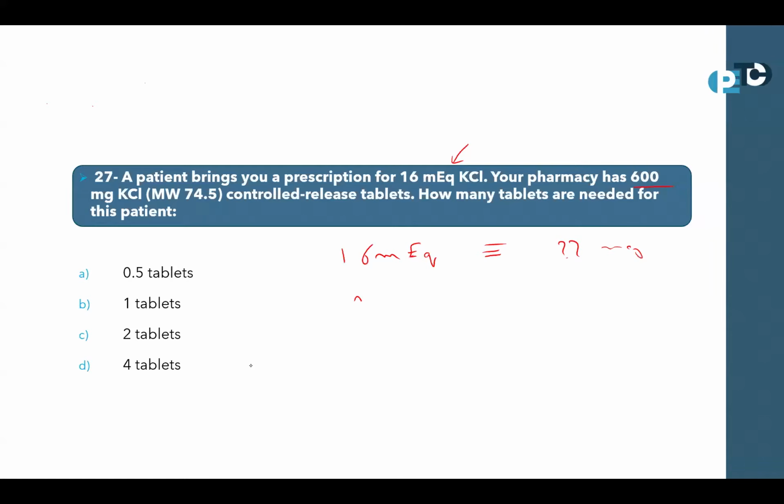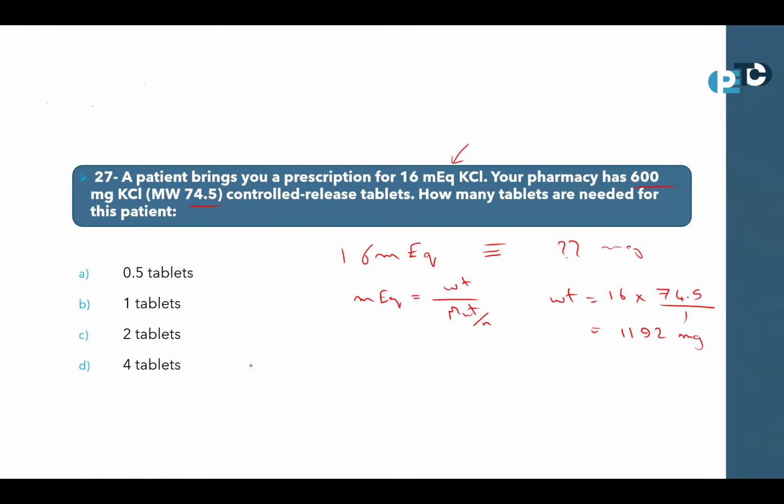By the formula: milliequivalents equal weight over molecular weight over the small n, which is the valency. So the weight equals the milliequivalents, which is 16, multiplied by the molecular weight, 74.5, over the small n, which is 1 here. So let us do this calculation. 16 multiplied by 74.5 will be 1192 milligrams.